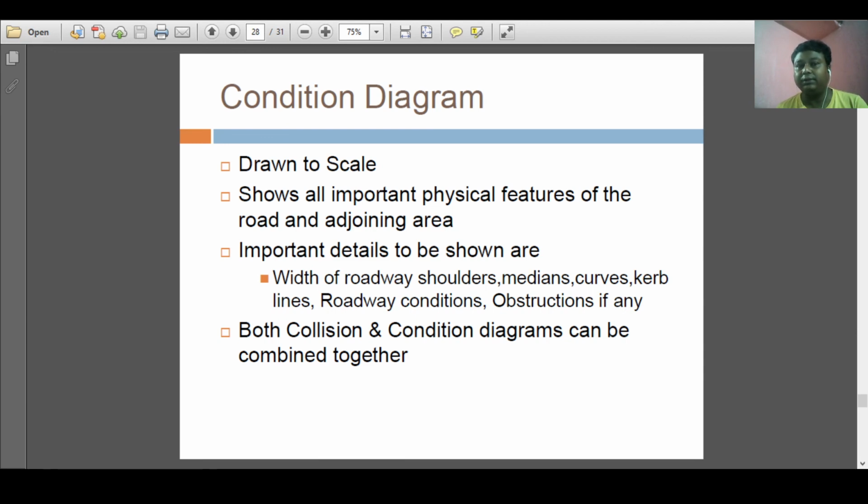After each and every accident we have to do a cost analysis, that is, how much damage there is in terms of road damage, property damage, and loss of life. We have to make a report based on the after effect of that accident, and this is called the condition diagram.